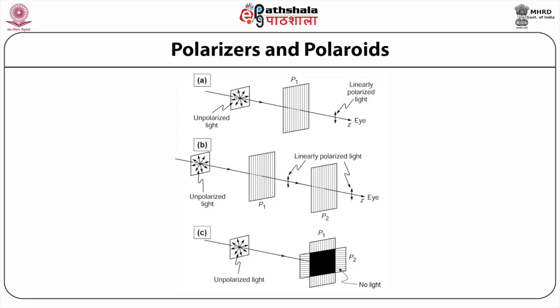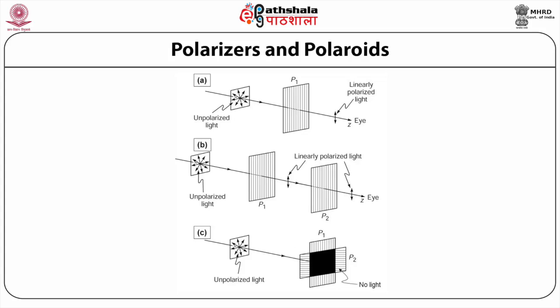Similarly, if you want to detect the polarization axis of linearly polarized light, you need to use two polarizers, as shown in figures B and C here. In front of the source you put one polarizer that ensures that you get polarized light, and you use another polarizer that is called the analyzer.